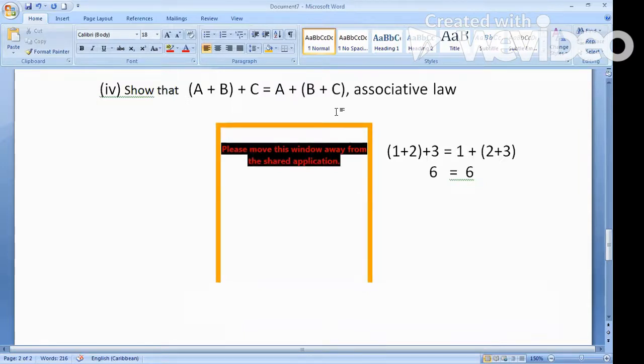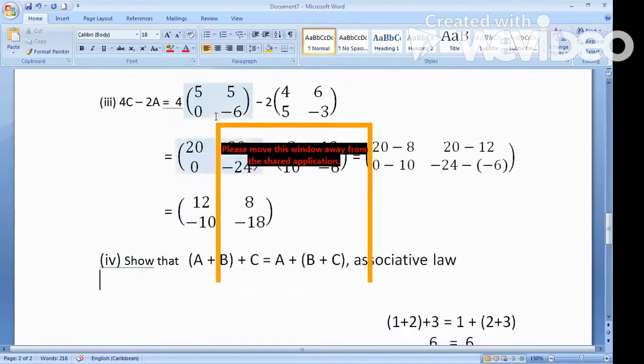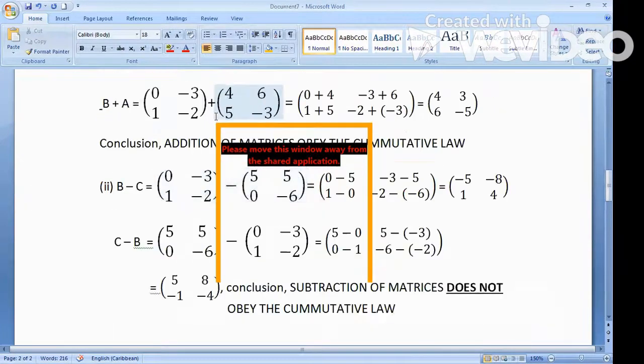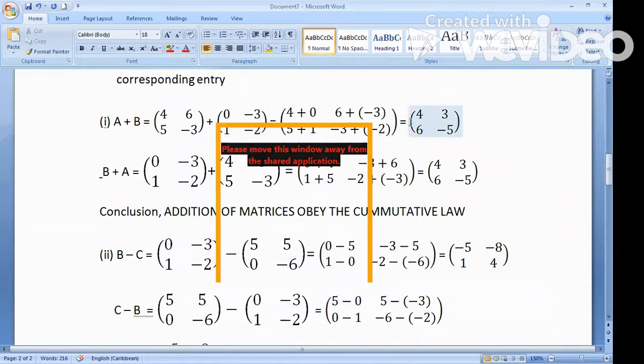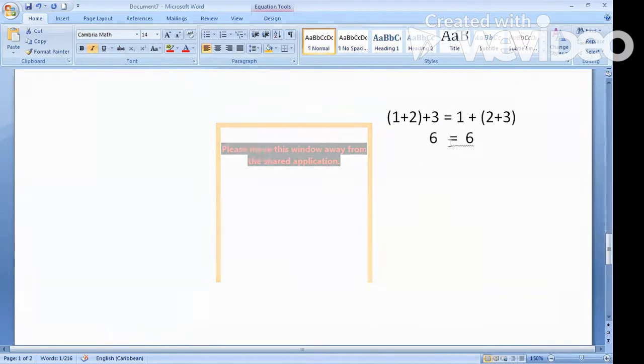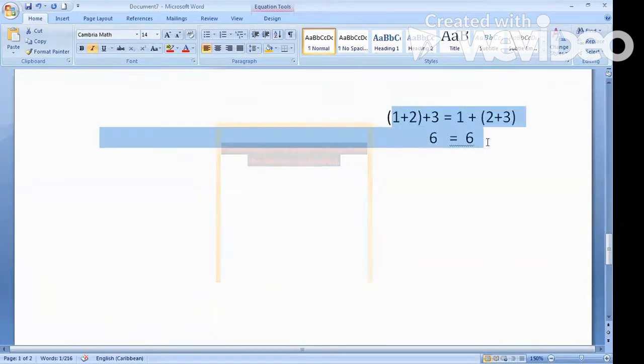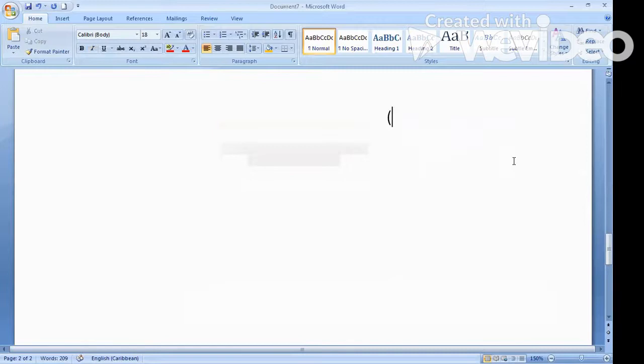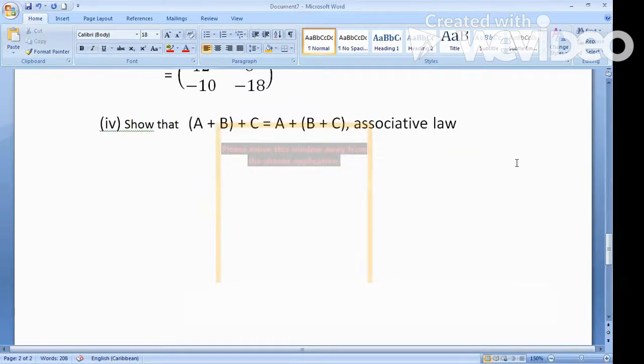Okay. So, well, we know what A plus B is, don't we? Let's go up top here. A plus B is actually this, right? So that's A plus B. I'm just going to copy that. Let me just delete this. All right, so I'm going to work out this first.